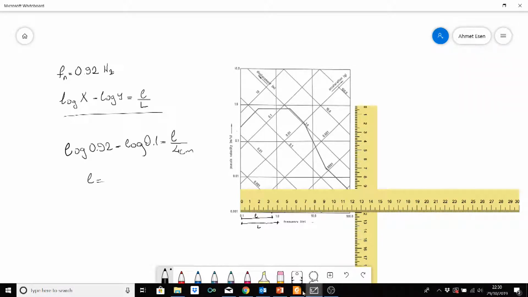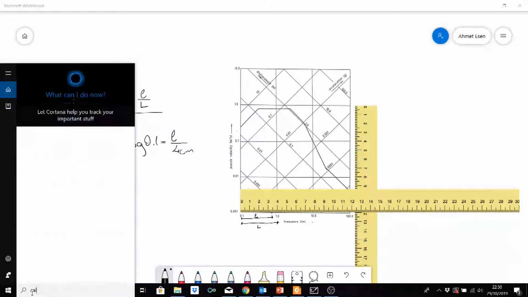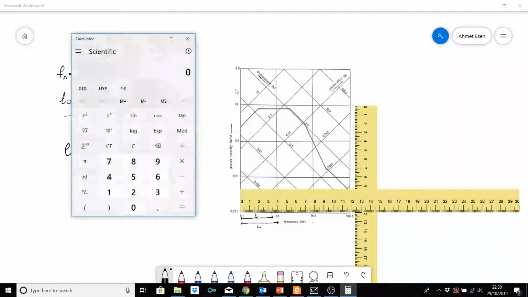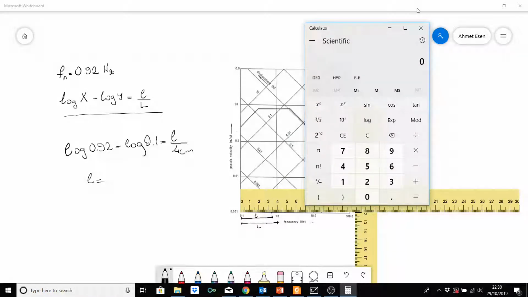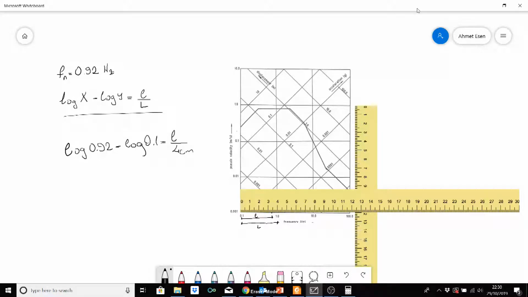Let's use the calculator. Let me reorganize this. It's going to be log of 0.92 over 0.1 is equal to l over 4. So I'll just multiply this value by 4 and it's going to give me l.